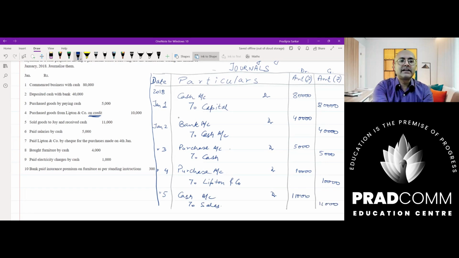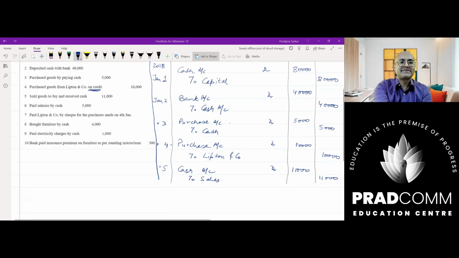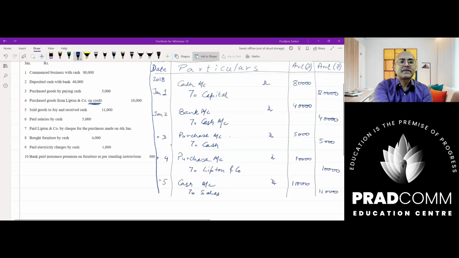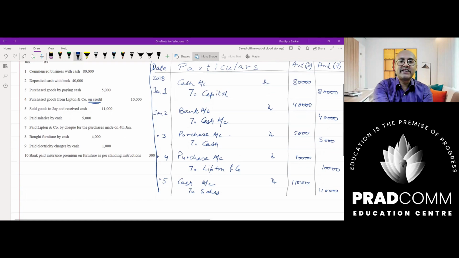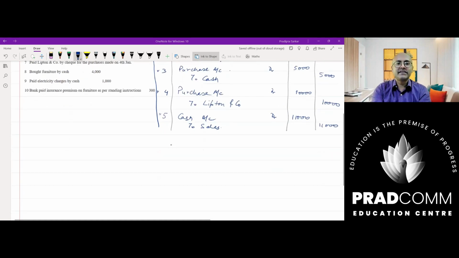Moving on to the next part, that is on 6th of Jan, paid salaries by cash. So you're paying salaries, so salary account will be your expense. Salaries account debit to cash account.